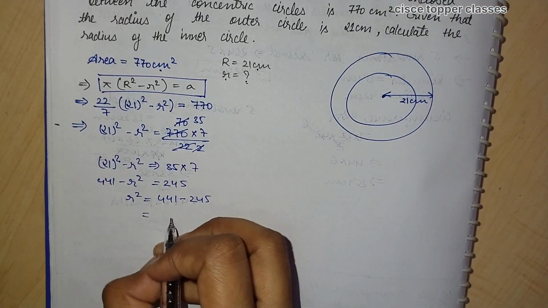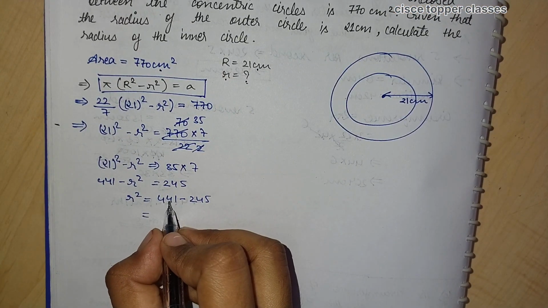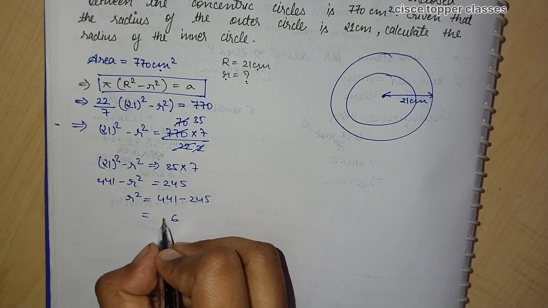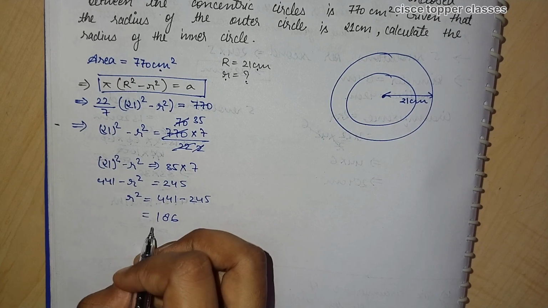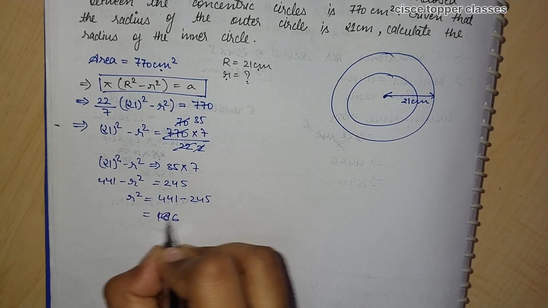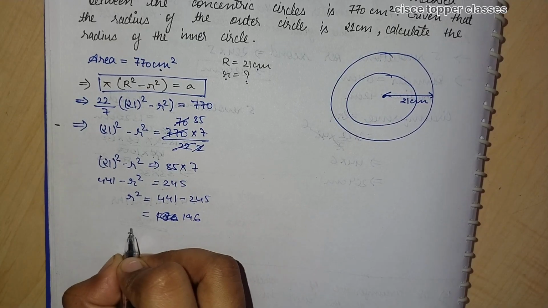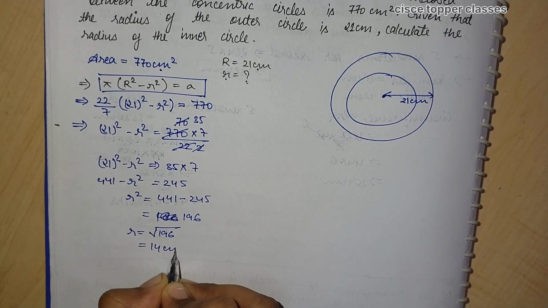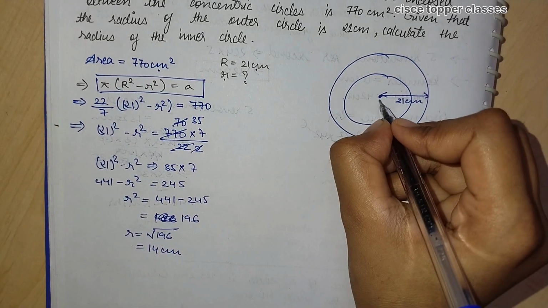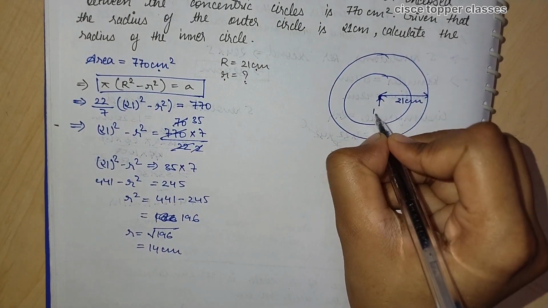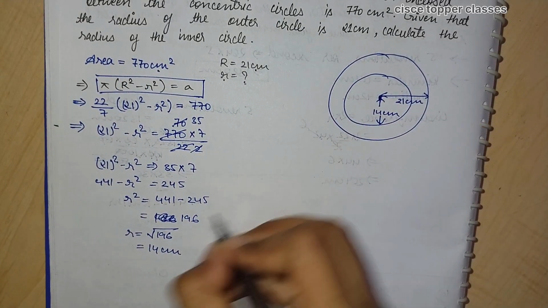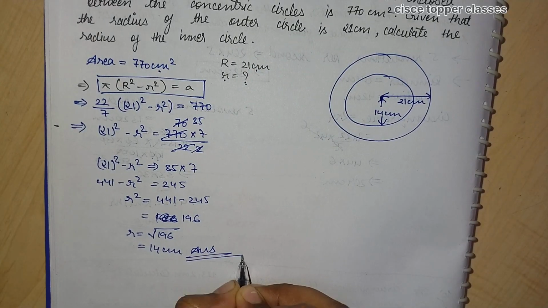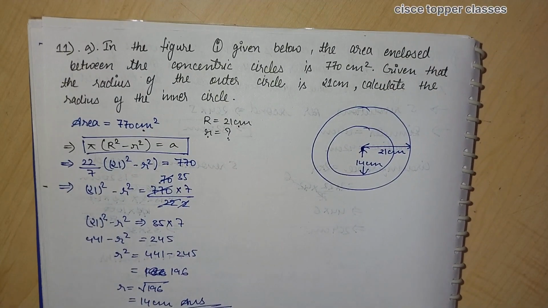So we will subtract it, and it will be 196. We will take the square root, so it will be the square root of 196. So 14 centimeter is the radius of the inner circle. Means this radius is 14 centimeter. So this is the final answer in this question, and this is the solution of the 11th first part.